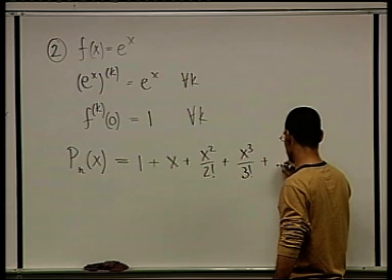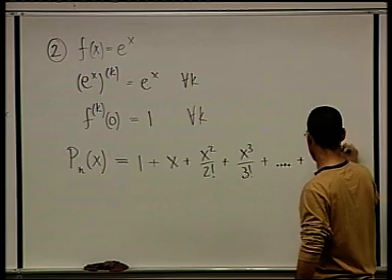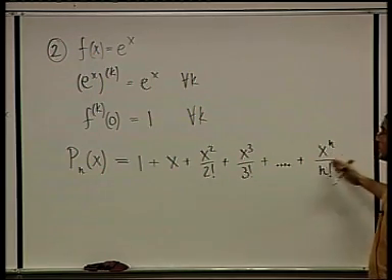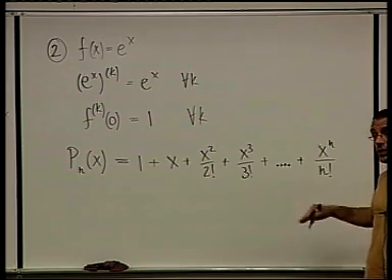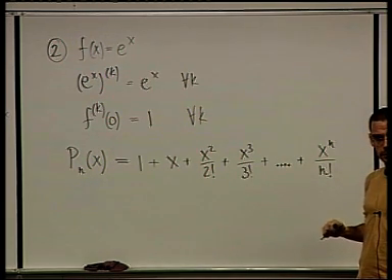If I want to stop at n, I stop at x to the n over n factorial. So this is the Taylor polynomial of degree n corresponding to e to the x near x equals 0. Good?